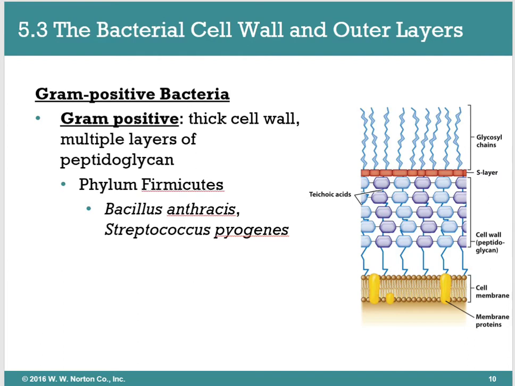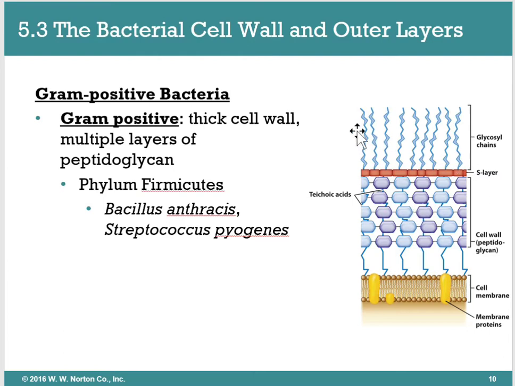So gram-positive bacteria, this is generally how they look in the diagram. They have a very thick cell wall and multiple layers of peptidoglycan, as you can see right here. So these blue purpley squares are the peptidoglycan within its cell wall. As you can see, it's very, very thick.